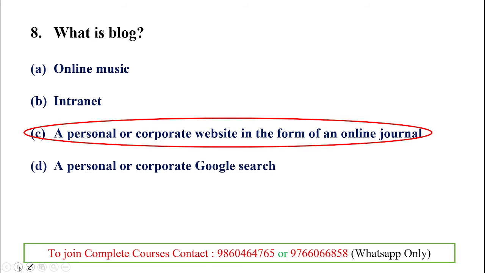You can see the other options also, such as what is a journal and what are the types of online journal. Clear. The blog is a personal or corporate website.